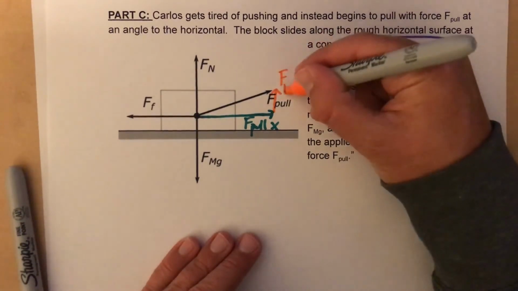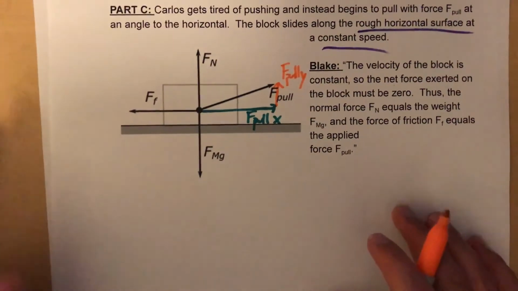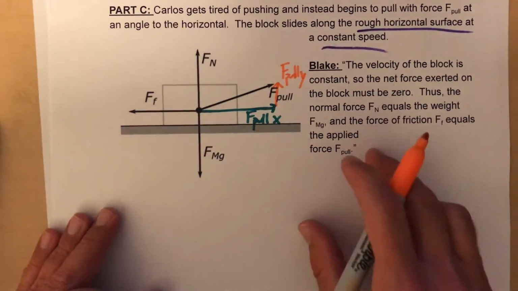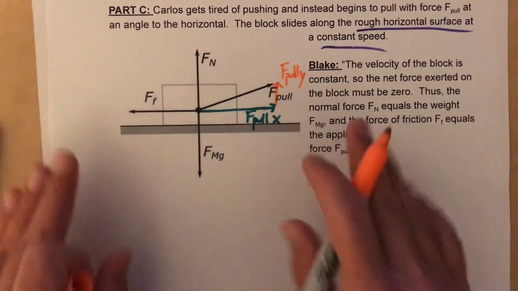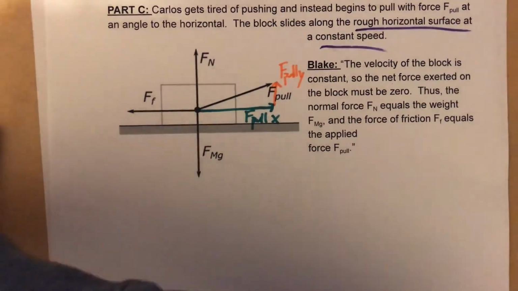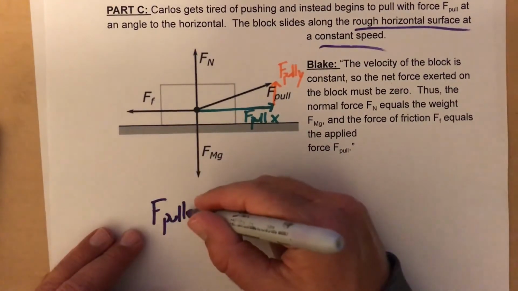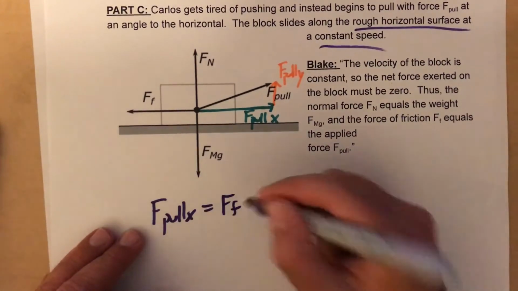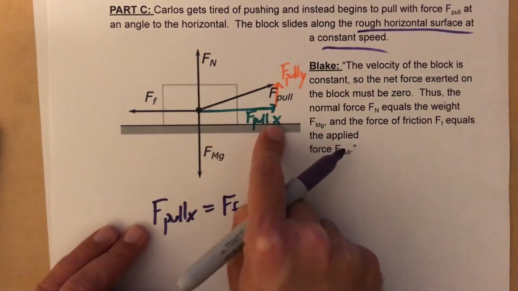We could call that F pull Y. So now let's actually state what must be equal here. It's right that all the sides have to balance out, but we could write this now. We know that F pull X equals the force of friction. So that's really the sideways force, not the pull, just the X component of it.